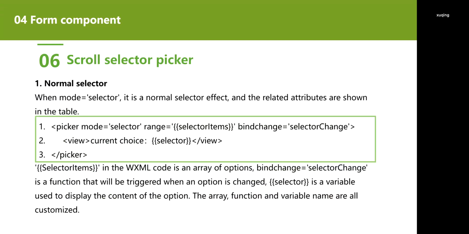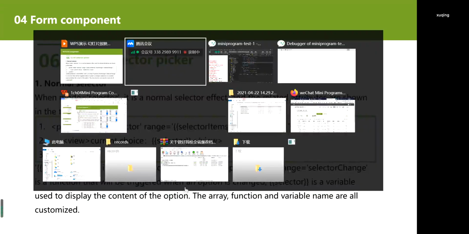The first one is the normal selector. When mode is selector, it is a normal selector effect, and the related attributes are shown here. We may just realize it here.